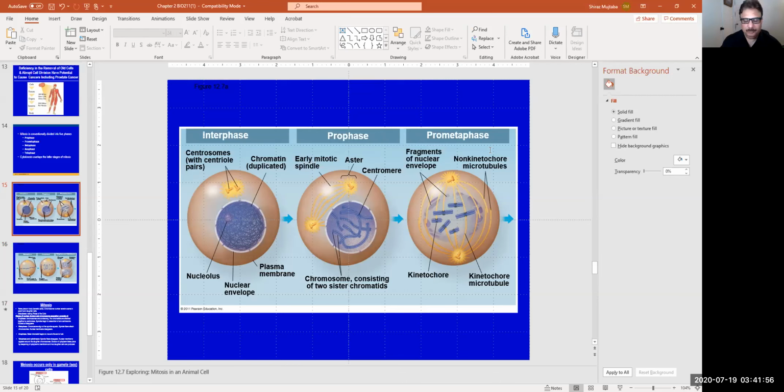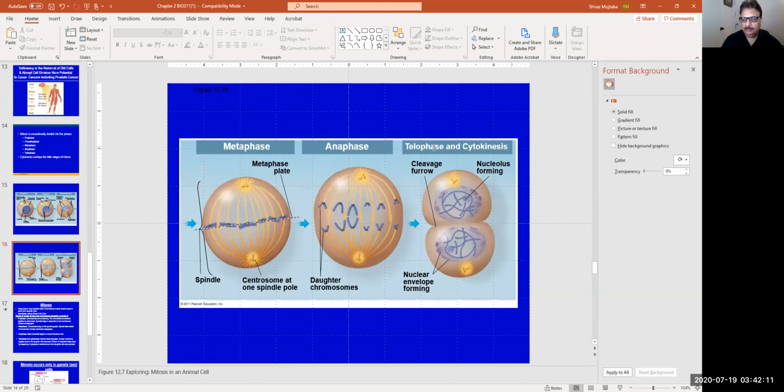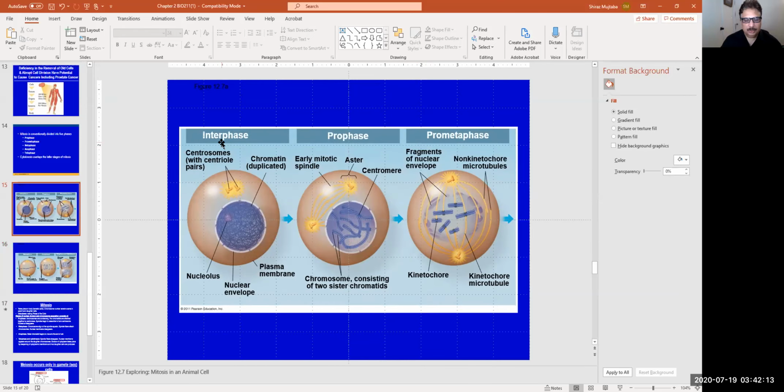I teach very objectively because students sometimes get lost between the phases and get confused. So I want you to focus on a couple of things when you are studying from interphase to telophase. What I would like you to focus on are the following.